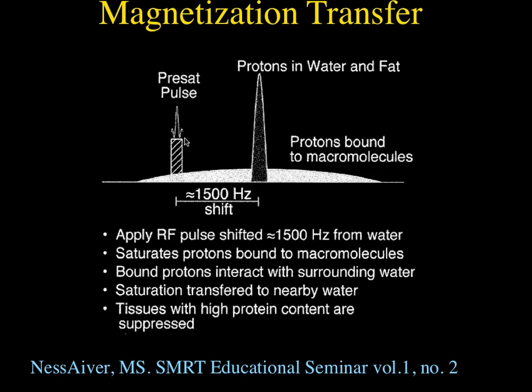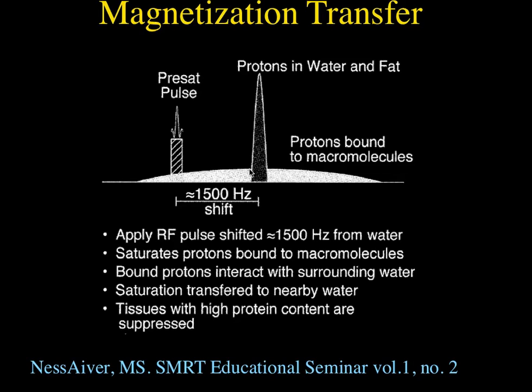But what happens here then is if you have something like an MR angiogram of the brain, a lot of the water that you have in the brain is associated with the large macromolecules of the brain. So if you do a magnetization transfer pulse, in the area of the brain where you have a lot of water associated with macromolecules, you can decrease the intensity of the signal from the water in the brain.